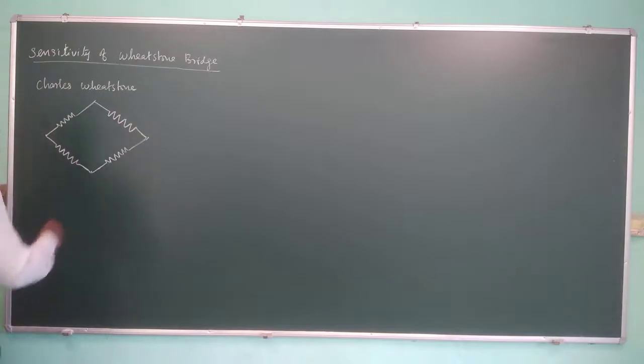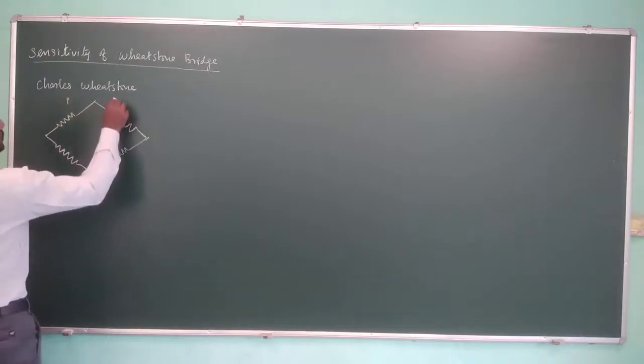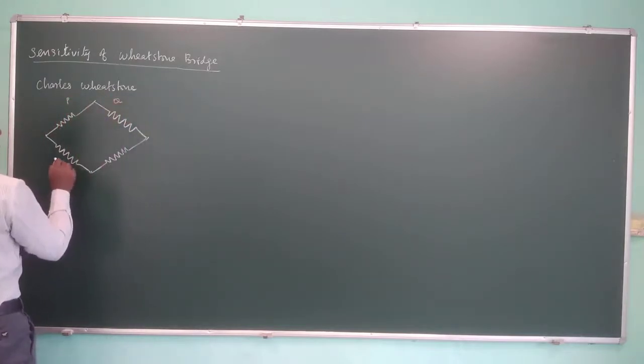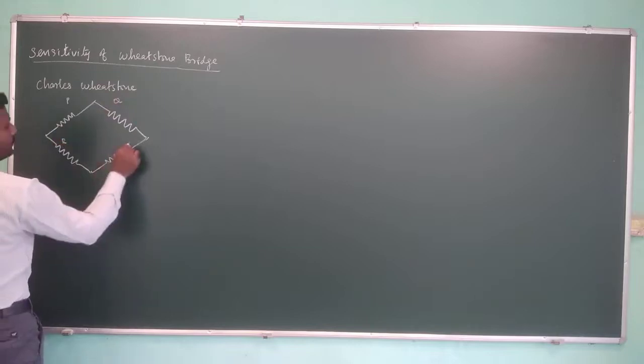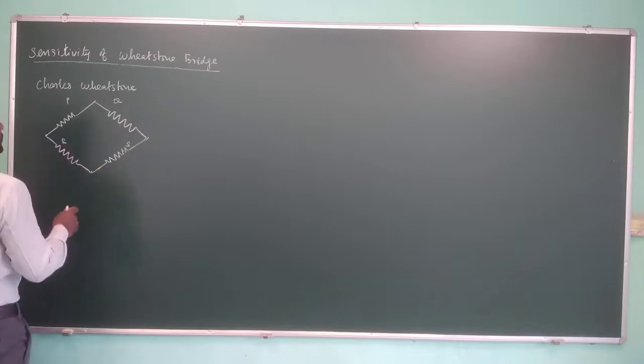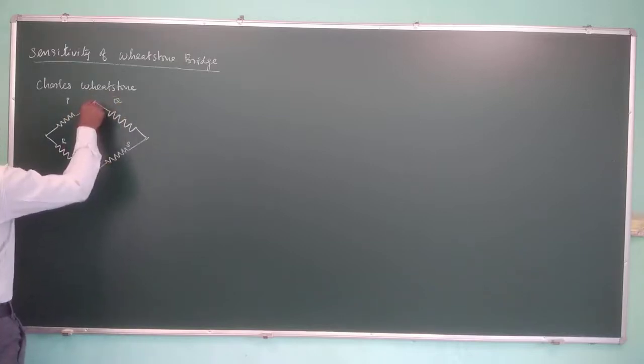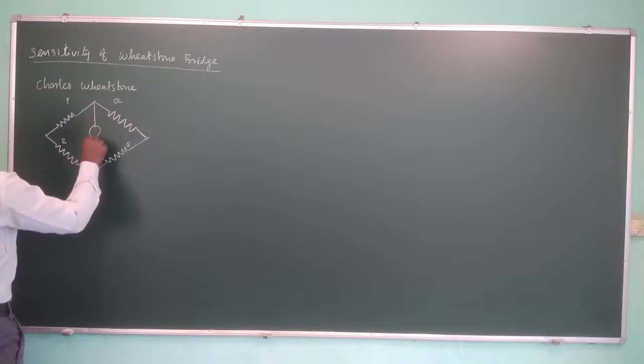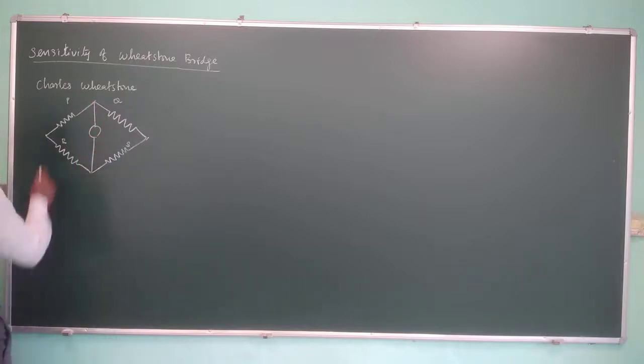Earlier we named them P, Q, R and S. However, in this lecture, for this derivation, we are going to name them in a different way. Anyway, let's keep this. In the middle, there is a galvanometer connected.